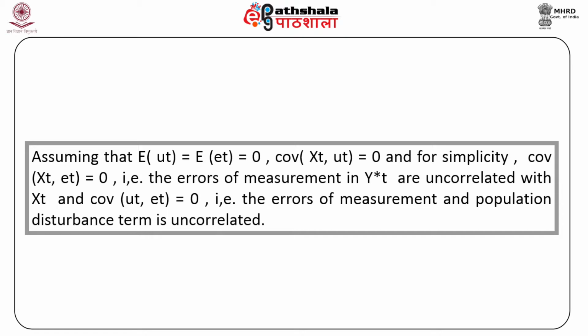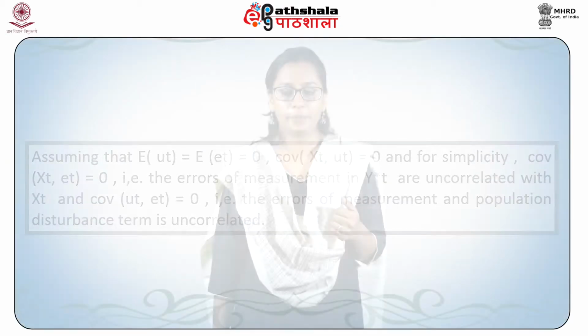Given these assumptions, the beta estimated from equation 6.3 will be an unbiased estimator of true beta. Hence, the errors of measurement in the dependent variable do not cause any harm to the unbiasedness property of the OLS estimators.